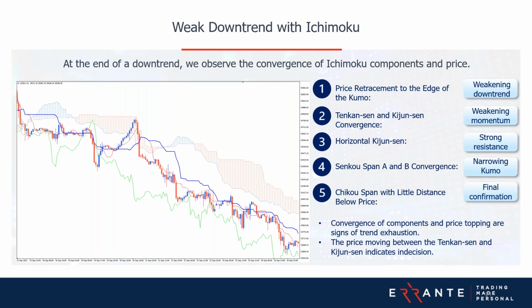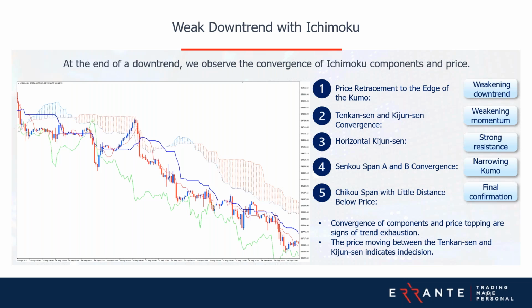So all of these means we are in the case of a weak downtrend phase. When Ichimoku components converge and the price forms a topping pattern, it's a clear sign of trend exhaustion. So the convergence shows a lack of directional movement, indicating that the trend may be running out of steam.